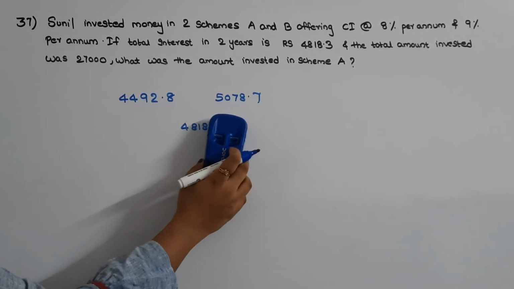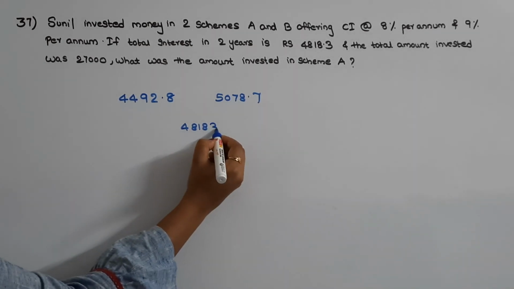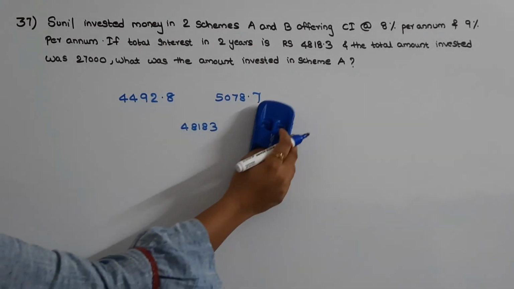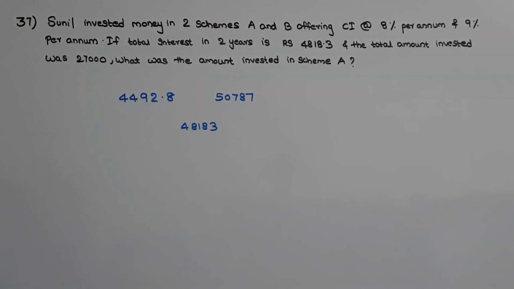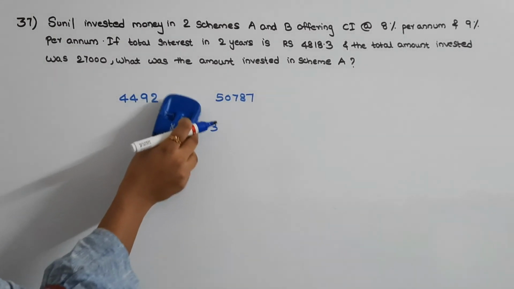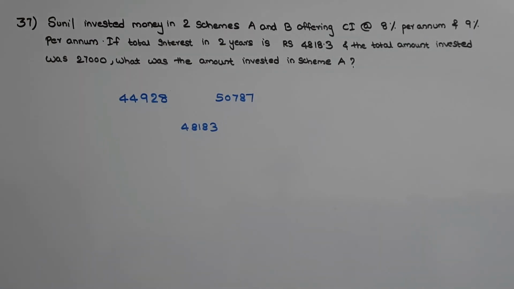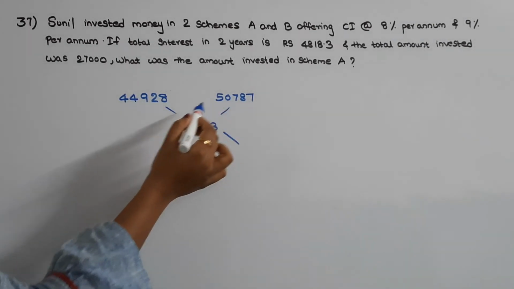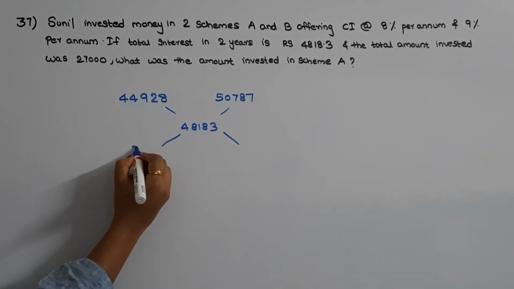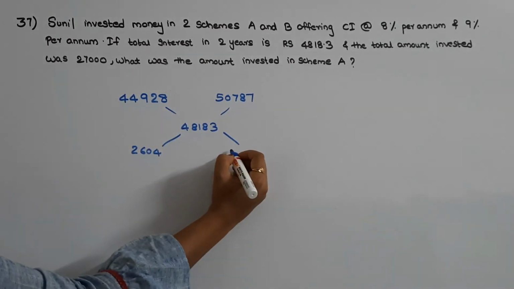So we can neglect the decimal points. On neglecting the decimal points, we can write it as 50787 and 44928. Now let us subtract diagonally. On subtracting these two, you will get 2604.